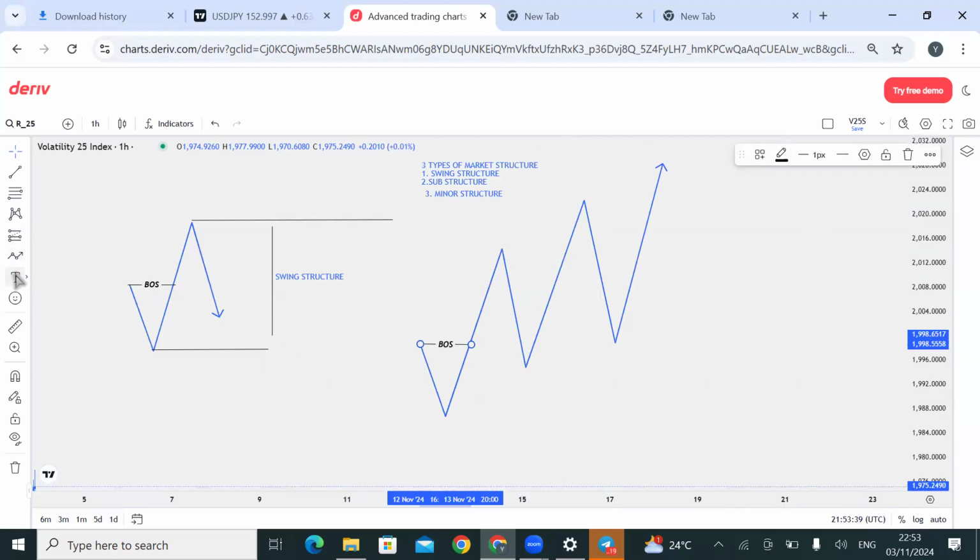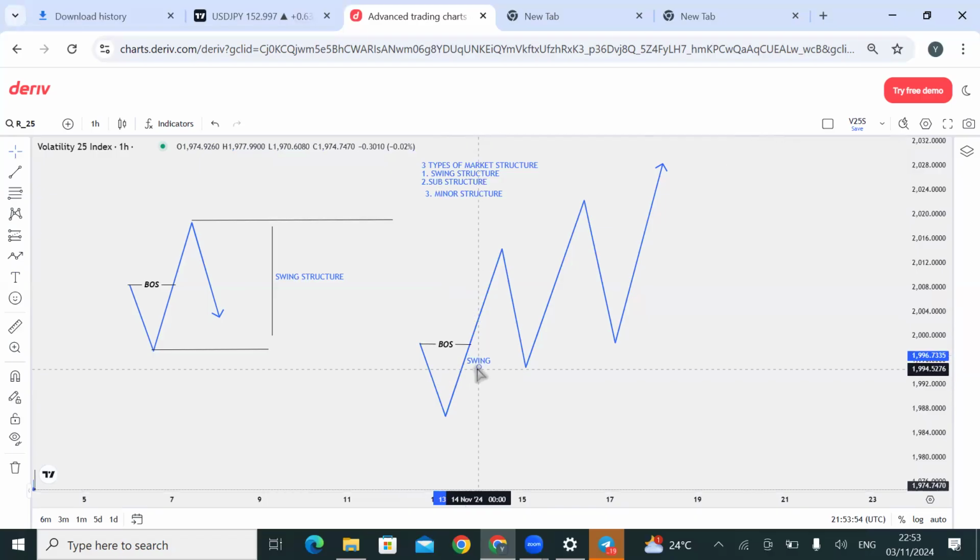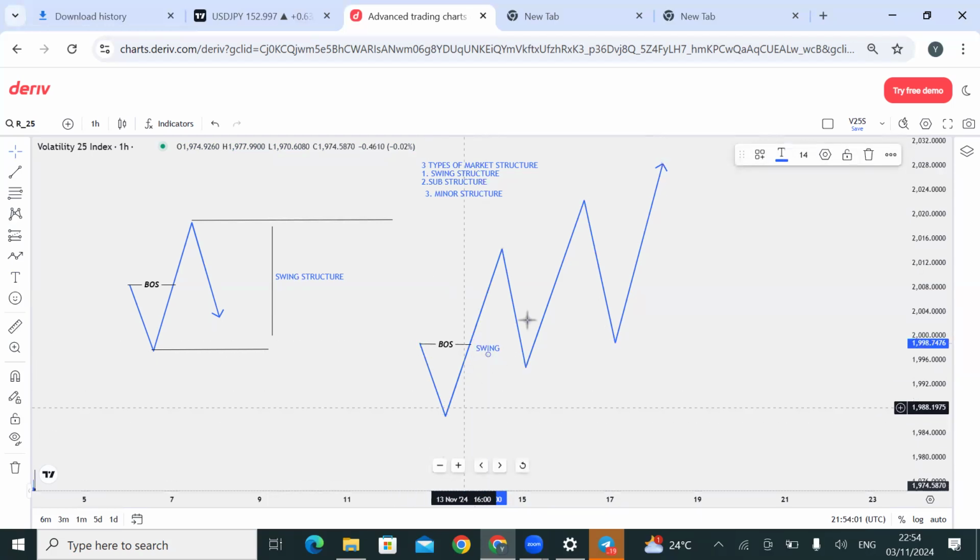It's a swing. A swing is simply this distance from here to here.